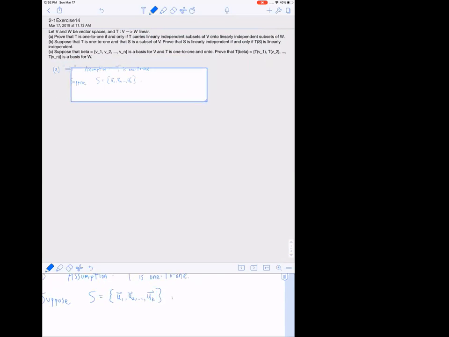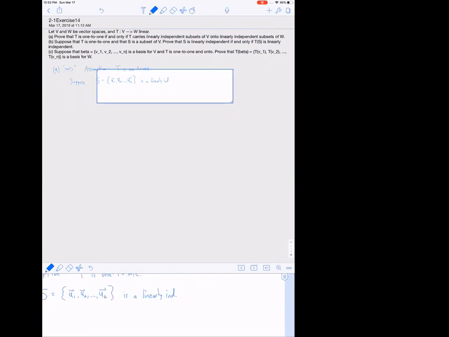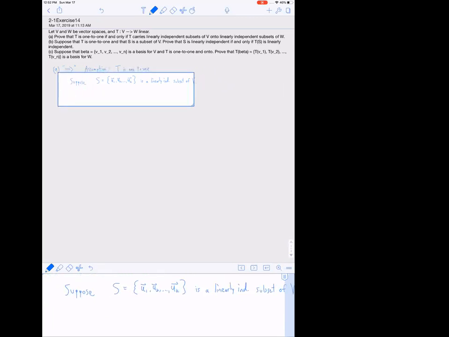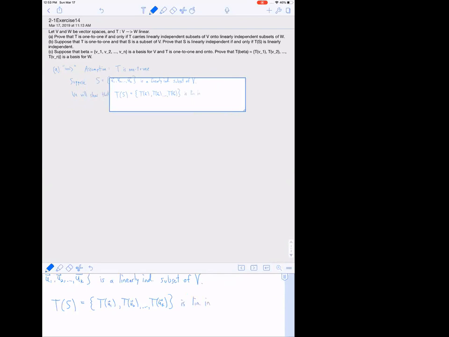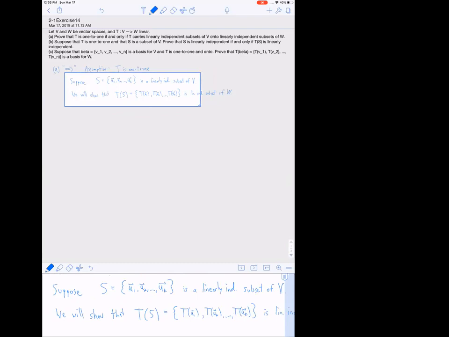Suppose this is a linearly independent subset of V. We want to show that T of S, namely the set consisting of the vectors T of U1, T of U2, etc., is a linearly independent subset of W.